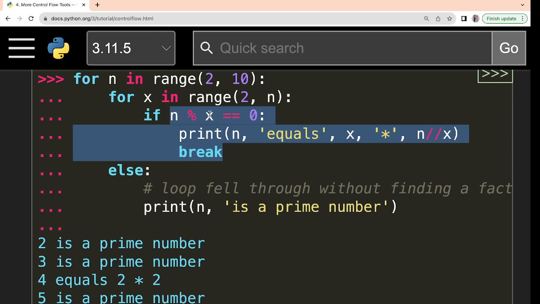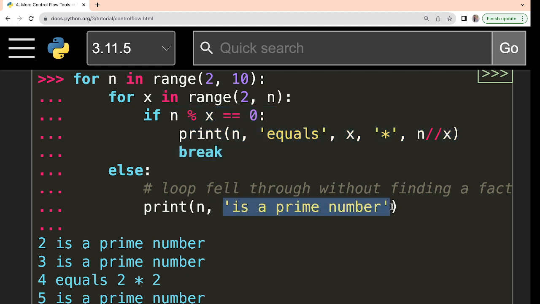When it reaches the last iteration, it will come and print that n is a prime number, because it checked all the numbers till n minus 1. That means any other number could not divide it completely. So in the else part, we print that it is a prime number. That is the logic here, and that is the use of break statement and else.